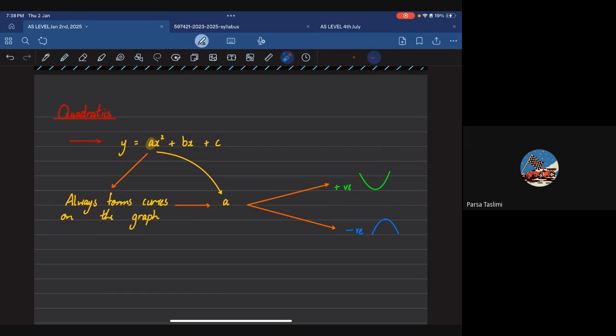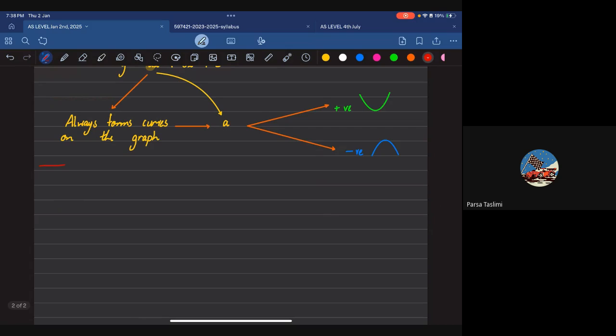Now, one more thing we know in general about quadratics is that we have something known as completing the square. This is just another way of solving a quadratic equation.